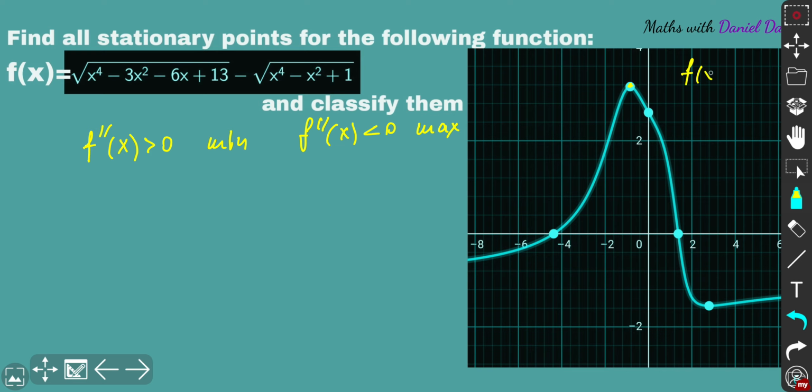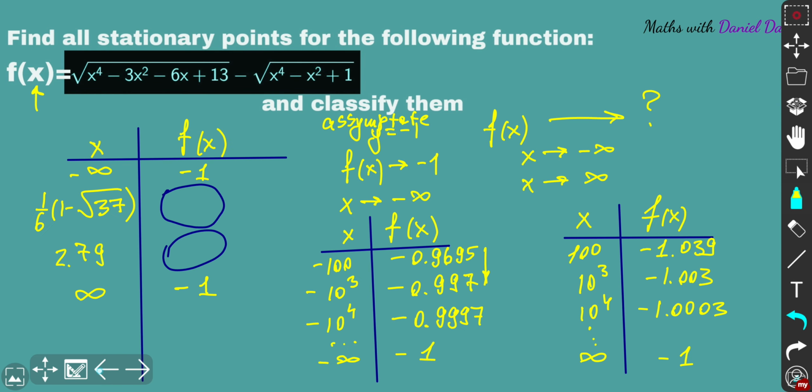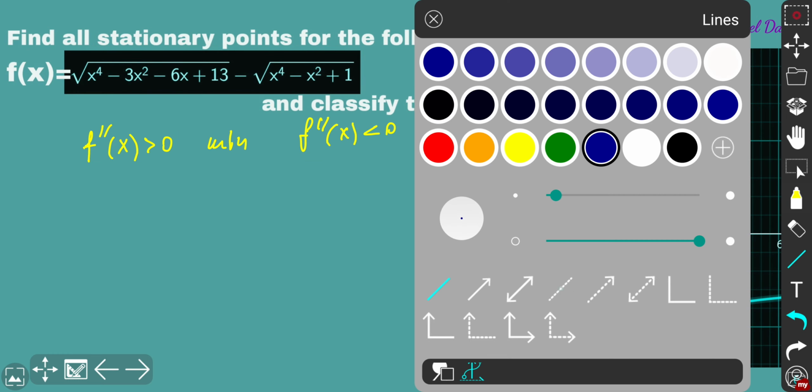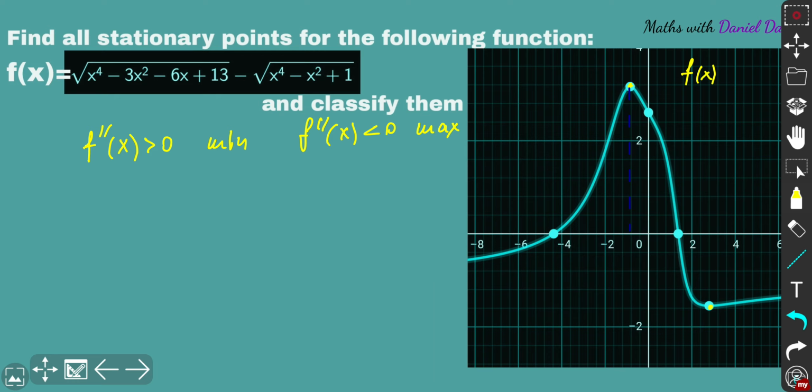And you clearly see those two points. The first point is 1/6 minus square root of 37, which is the value around. So let me see, this is the value. Oops, let's take another color. Okay, so I just mark the points for x.